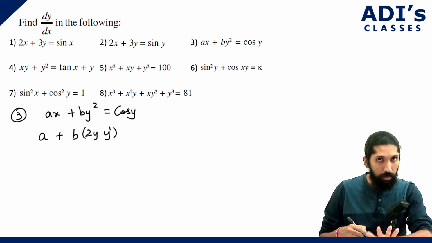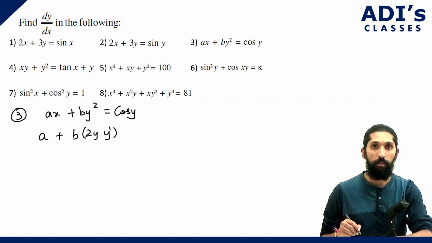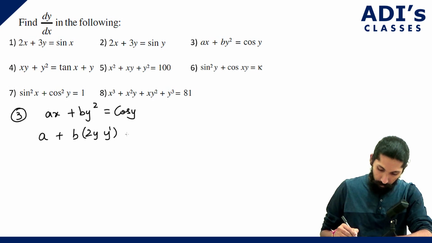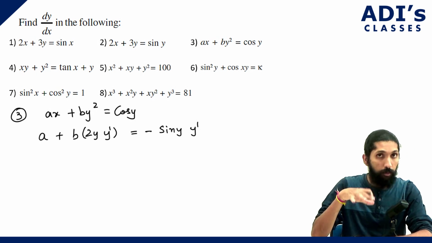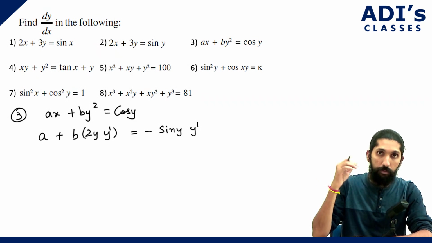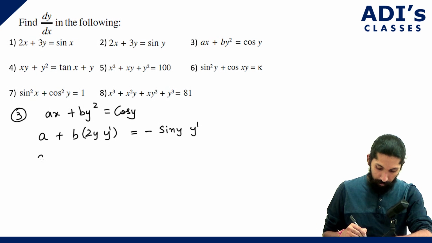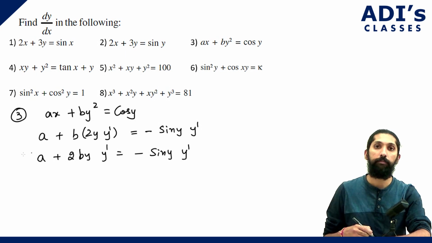Here also we are actually applying chain rule, isn't it? So a plus 2by into y dash is equal to minus sin y into y dash. Derivative of cos is minus sin.